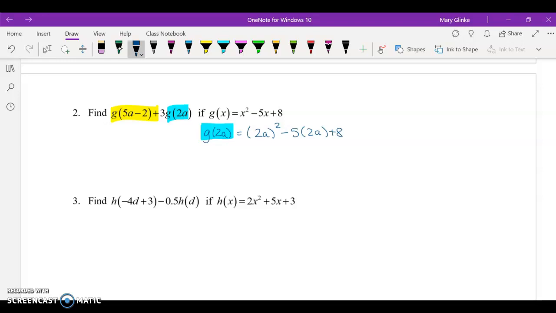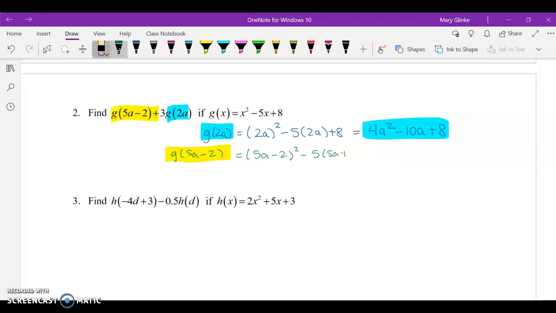And so you're going to plug 2a in for x, and you're going to get 4a squared minus 10a plus 8. Okay? Then what we're going to do is g of 5a minus 2 by plugging in 5a minus 2 for x.